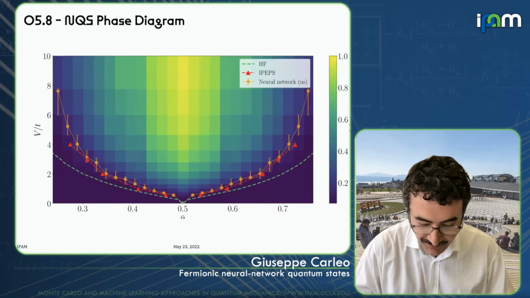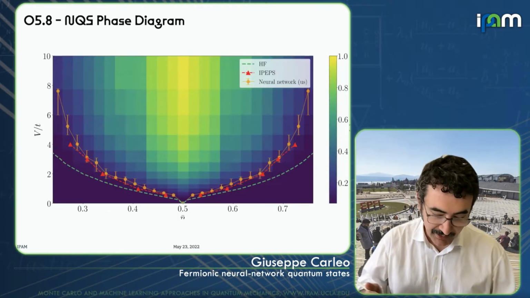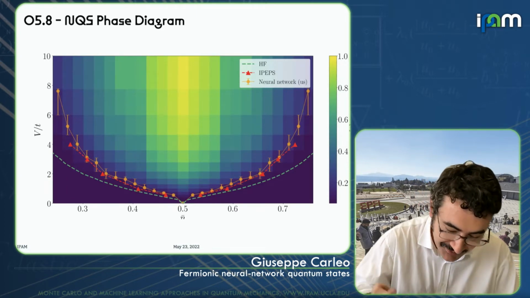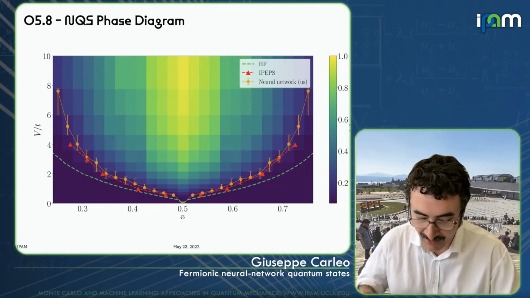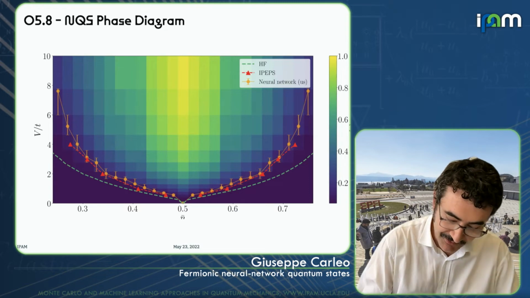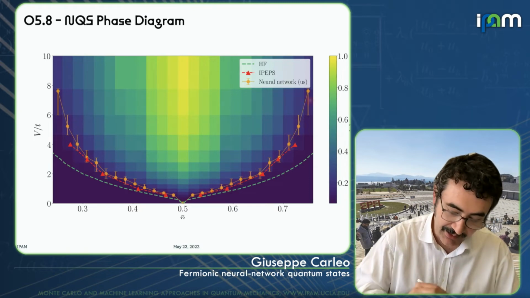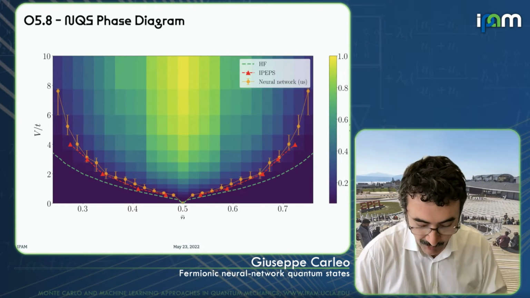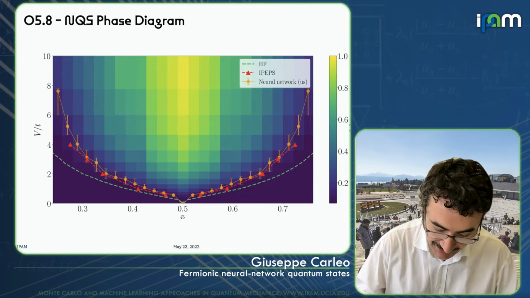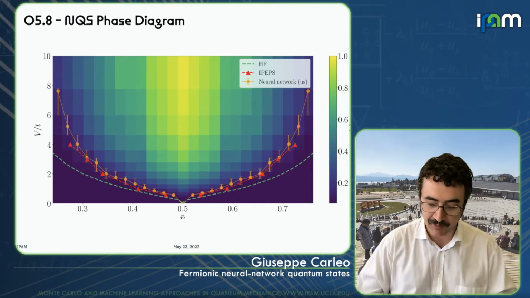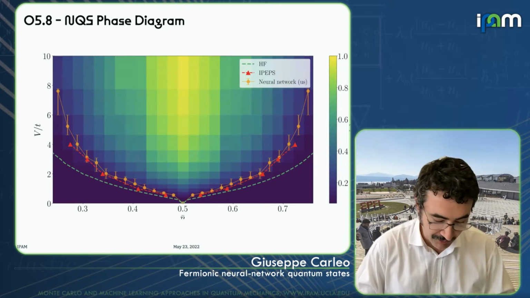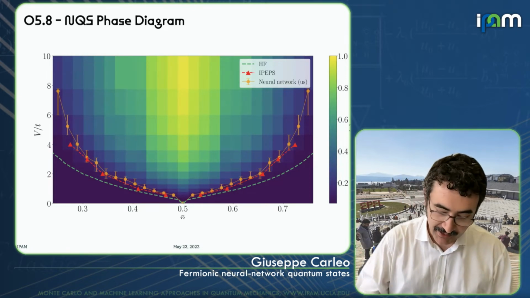The phase diagram that we find here is in agreement. So we find the same phases that were already found by PEPS, for example, but with some slight change in the actual transition lines. We have some quantitative change, especially at large or small occupation numbers because of particle-hole symmetry, that you can see here.